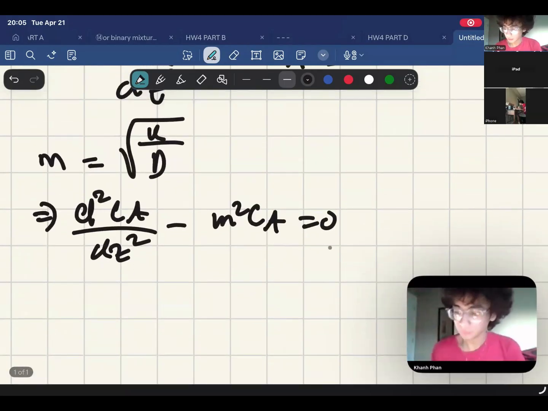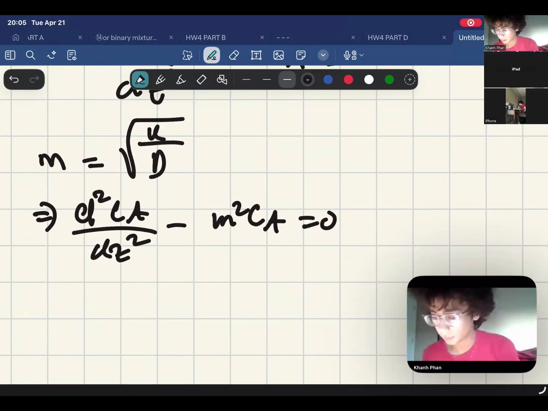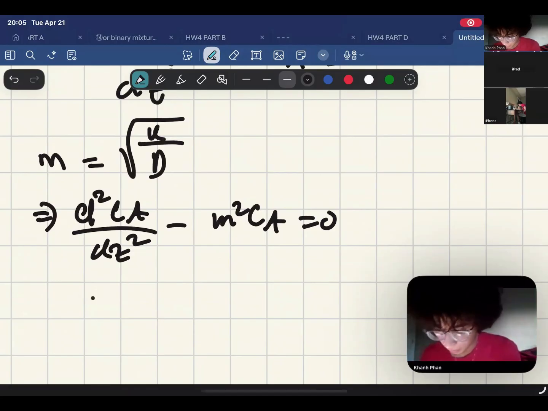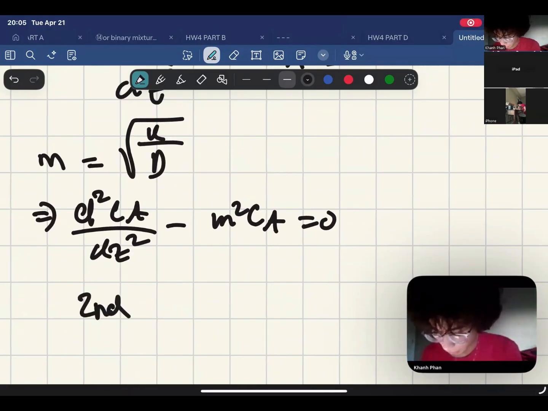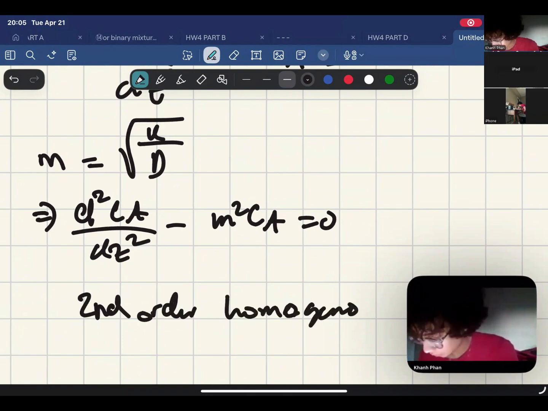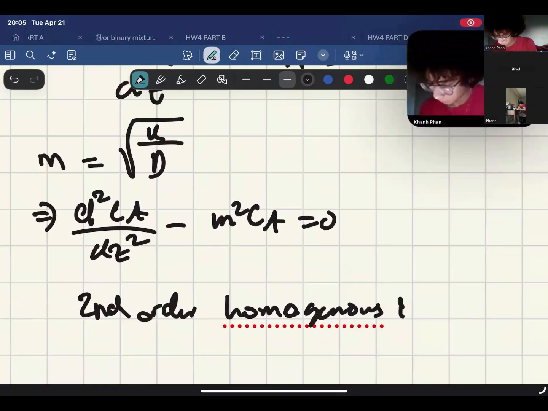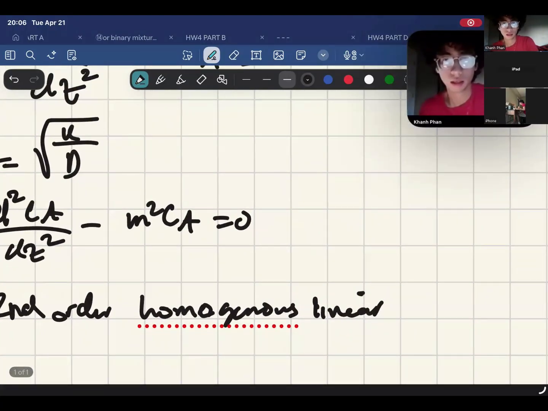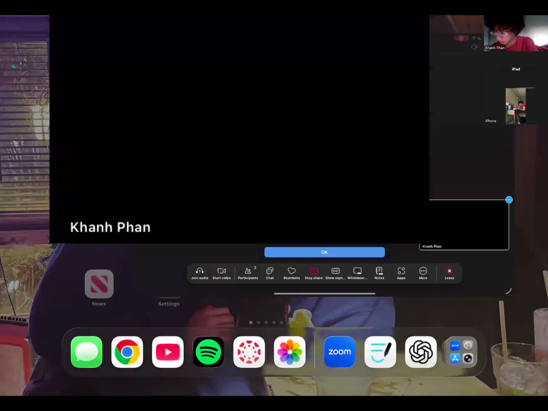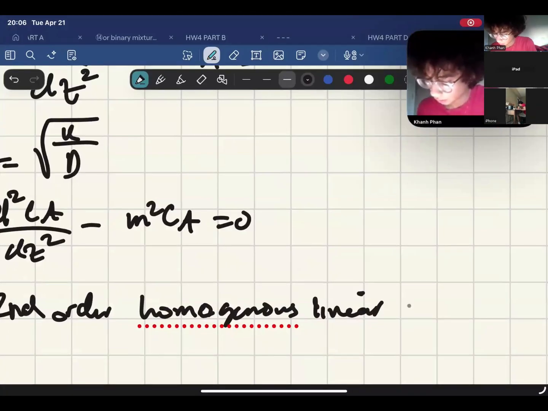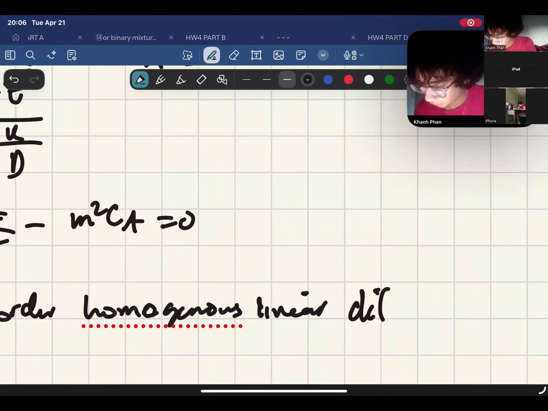Now we're going to solve this as a second order homogeneous linear differential equation.